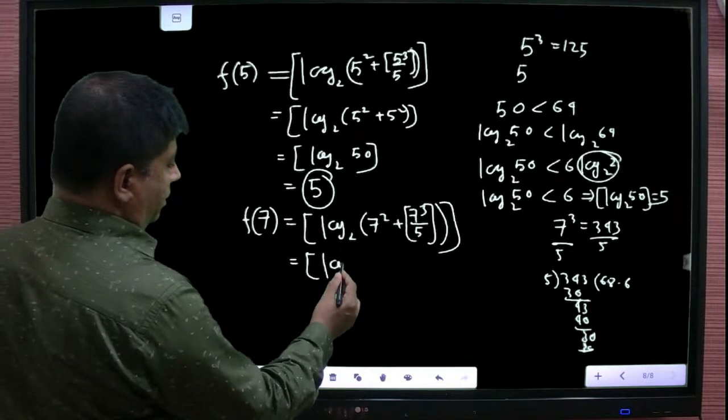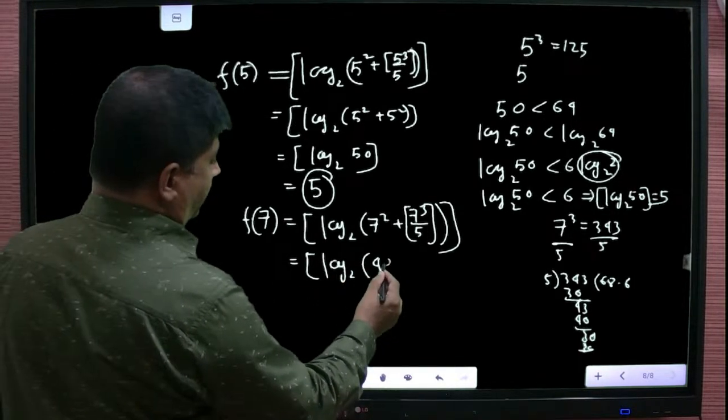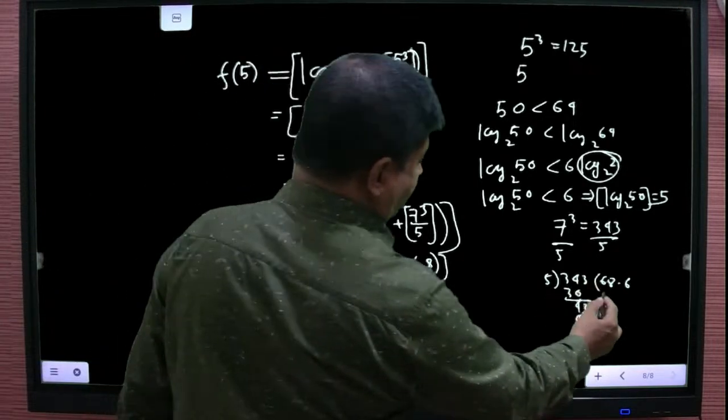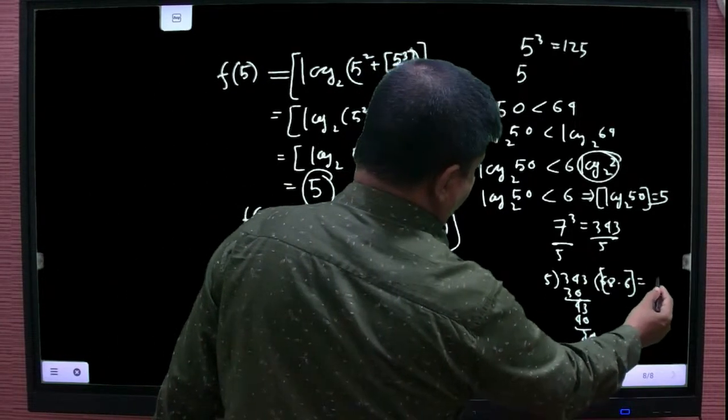So log of 49 plus 68, its integer part is 68.